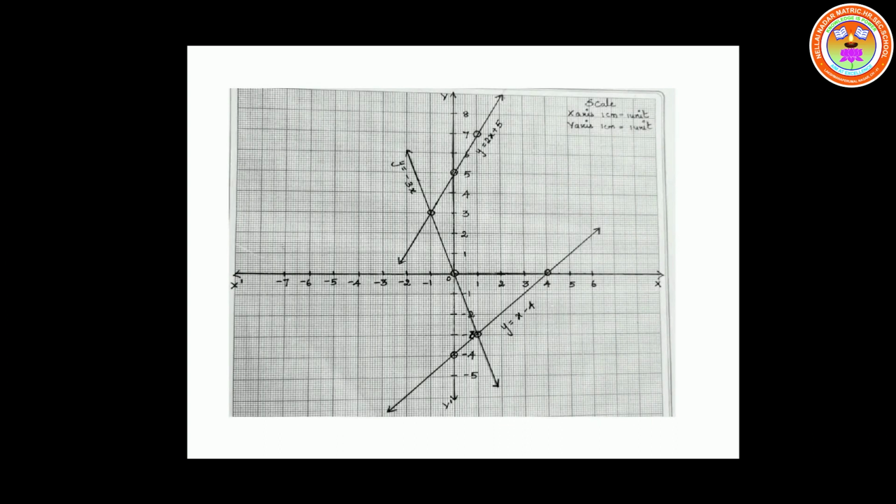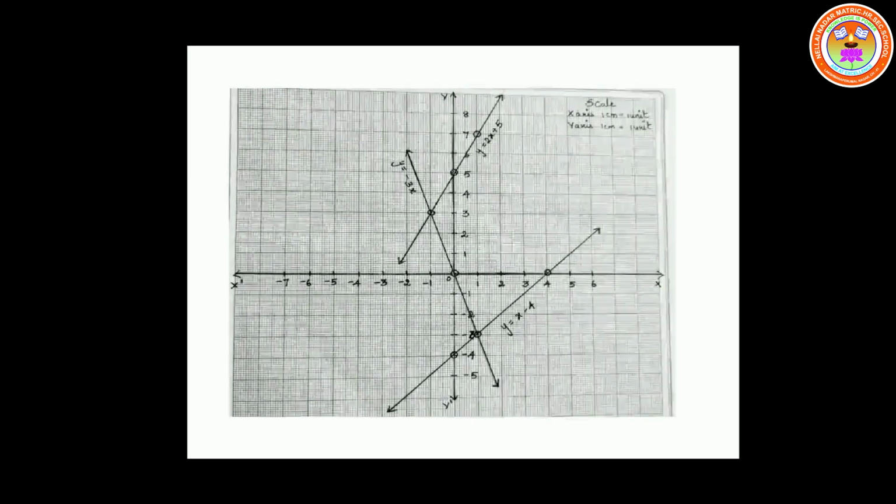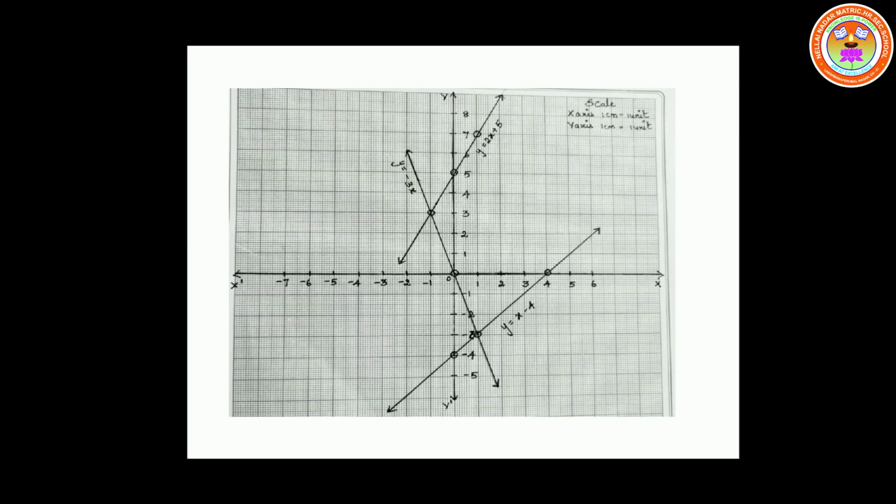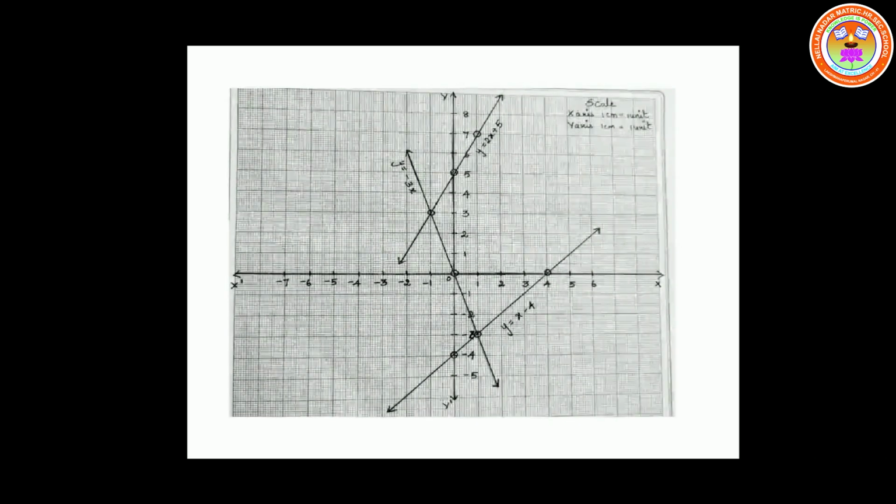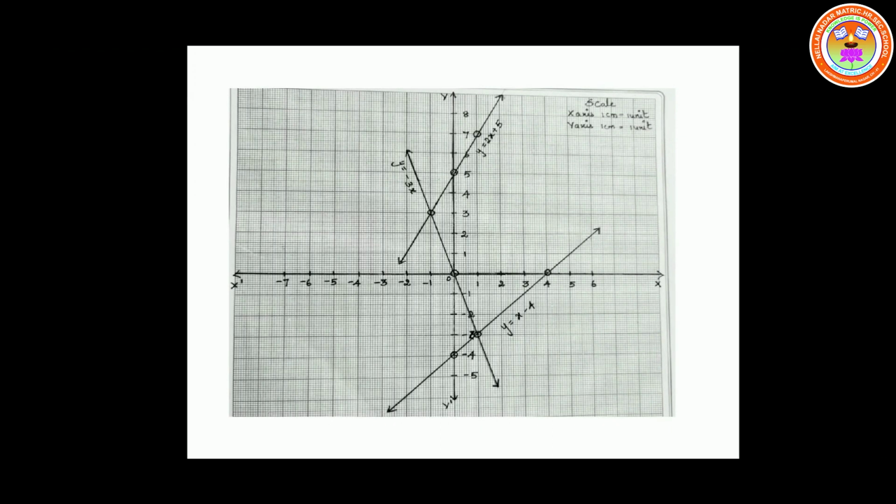So y is equal to minus 3x, that is the first one, right? I have plotted the points first. Minus 1 comma 3 is the first point, 0 comma 0, then 1 comma minus 3, then I have drawn the line.